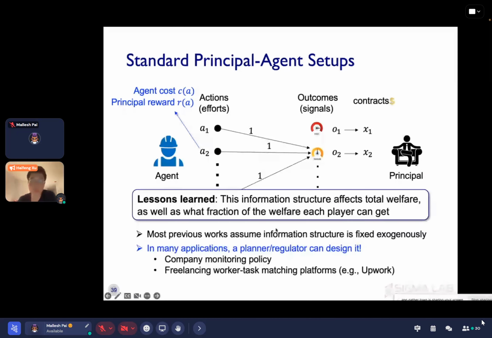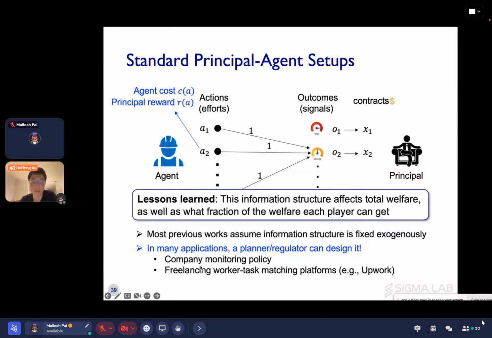But the problem we realize is that in many applications, this information structure can actually be designed by some social planner or by some regulator, who wants to balance the share that each player can get from the welfare. And there are many examples.